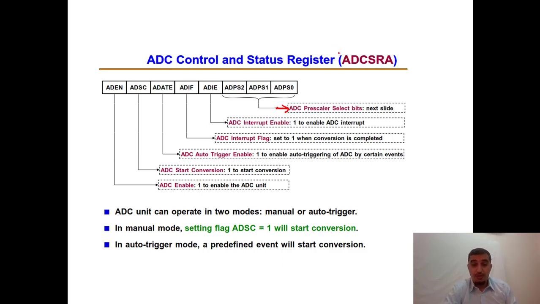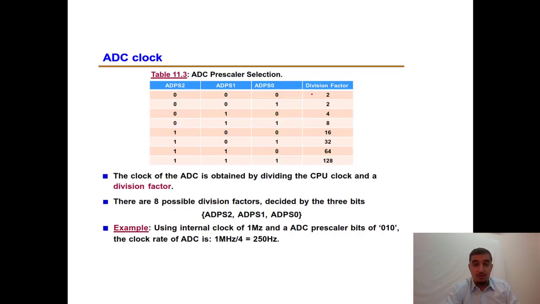Now, in terms of frequency, we have the prescalers over here. The prescaler will divide the microprocessor frequency by a factor. You can either divide by 2, by 4, by 8, by 16, by 32, by 64, and by 128.